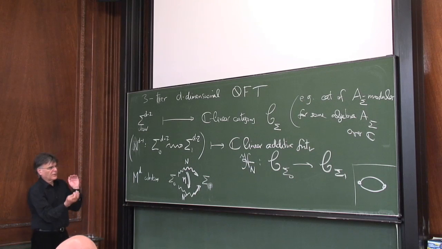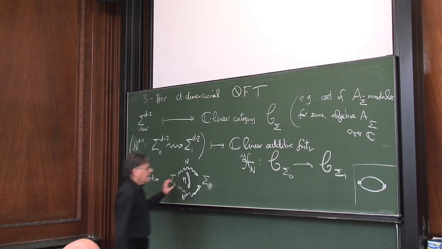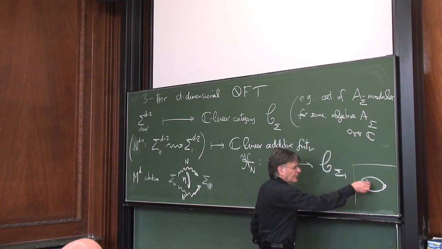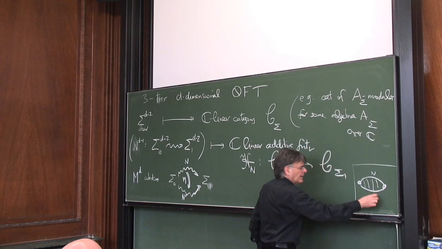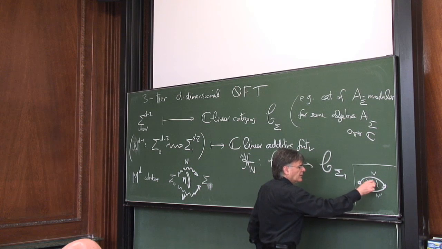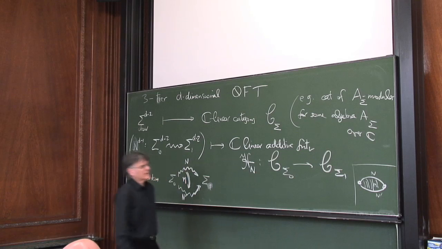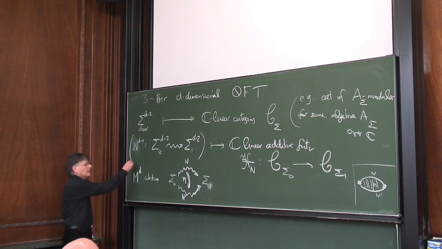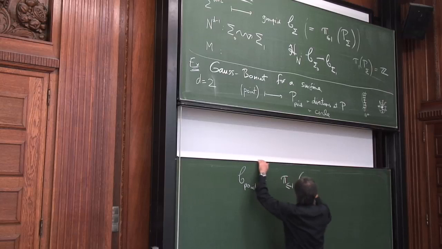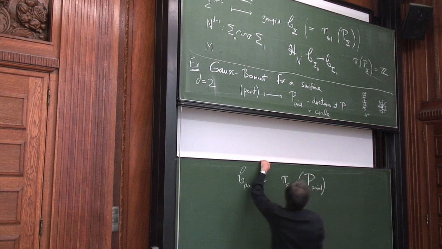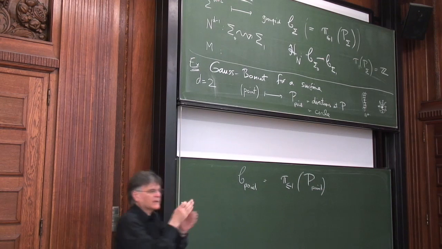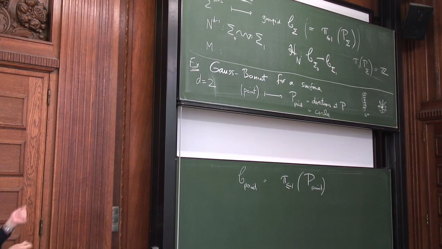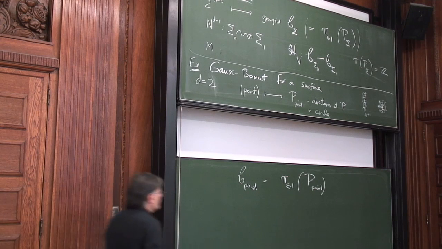So we have a circle of directions that we can go along the surface from that. So this is, of course, a circle. And if it's an oriented manifold, we should think of it as an oriented circle. That's actually important, but I won't want to go into it. P of a point is a category whose objects are directions, and the morphisms from any direction to any other direction.